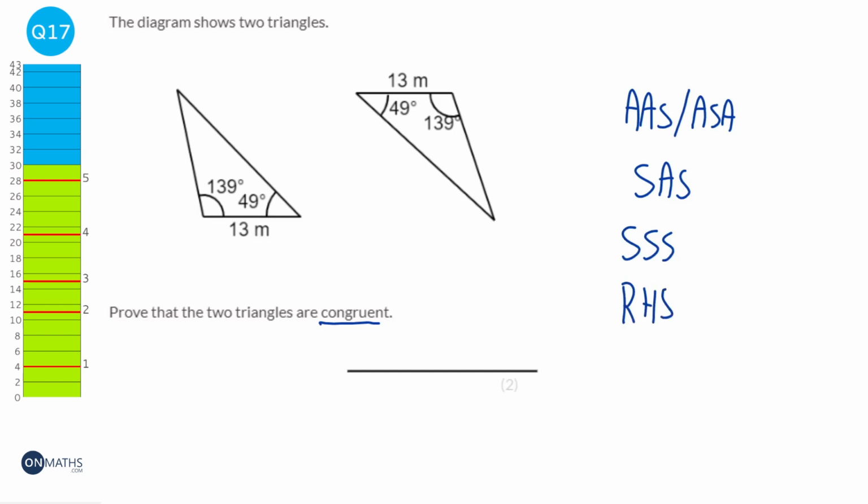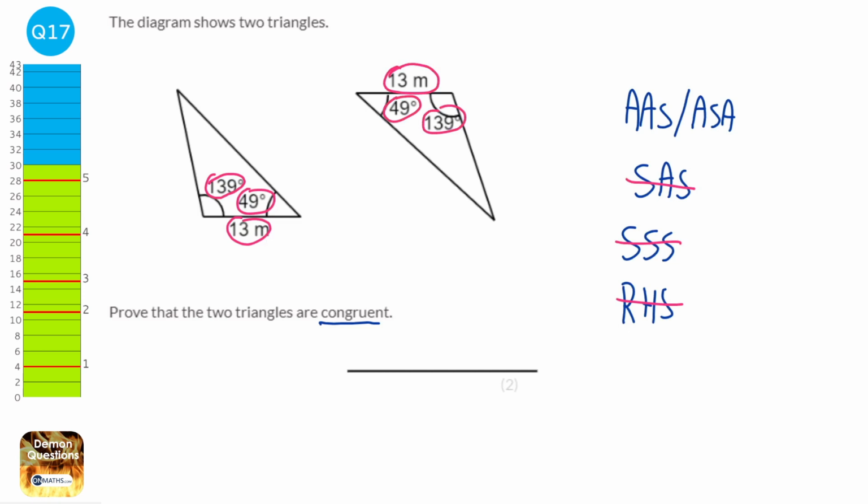Now in this question we don't have a right angle, so we can get rid of that. We have a side but only 1 side, so we're not going to use the 3 sides. And again, we don't have 2 sides, we only have 1 side, so we can get rid of this one. So it's really down to the top one. Well, what do we have? We have an angle, then a side, then an angle. So it's 139 degrees, then 13 meters, then 49 degrees in that order.